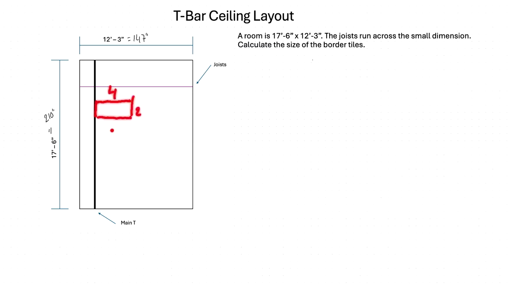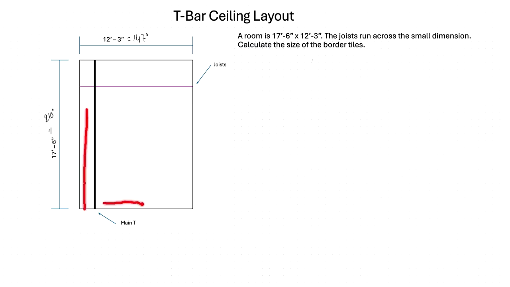This really is the most important and maybe trickiest to wrap your head around, just so that you can be sure of what you're trying to calculate, so you use the right numbers. When we say calculate the size of the border tiles, we want to find the dimension of the tiles around the borders.